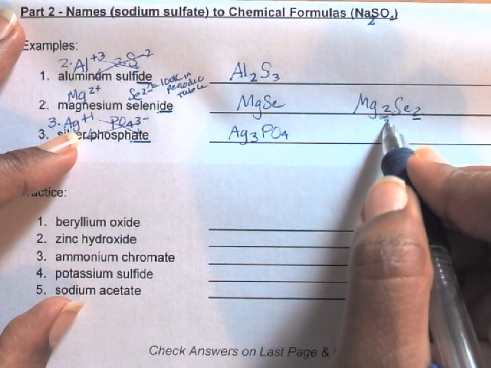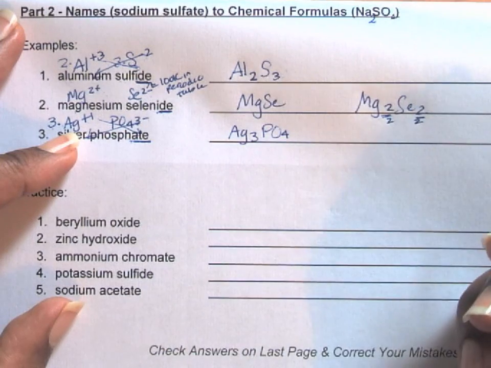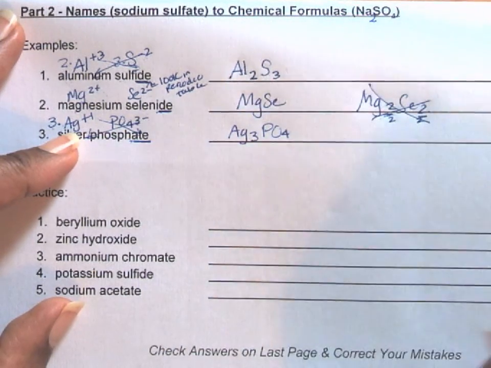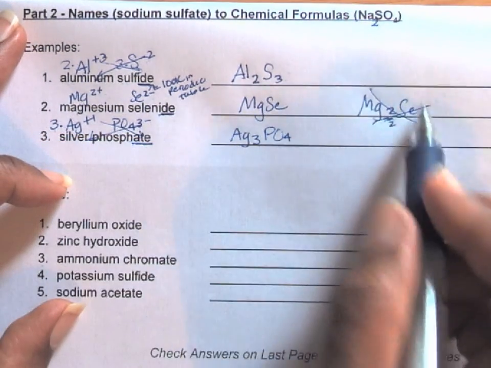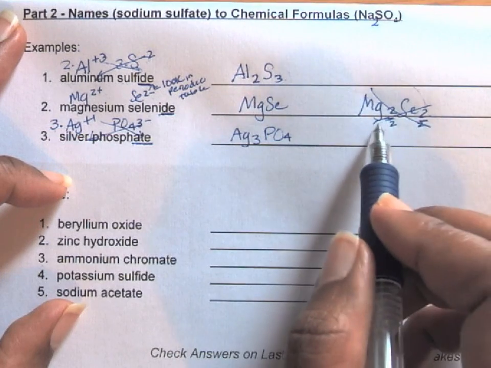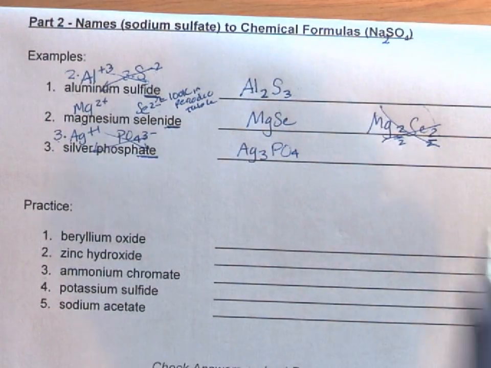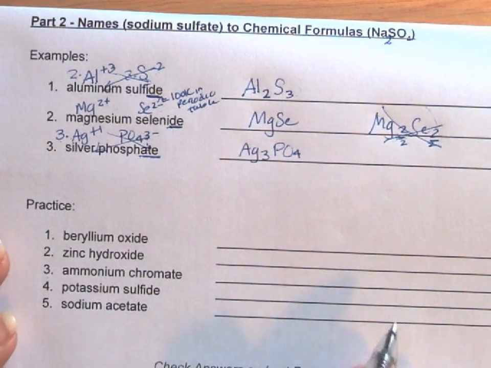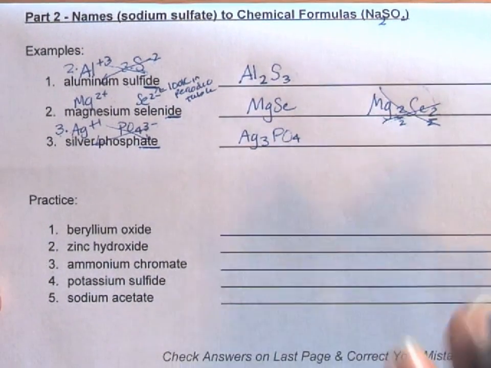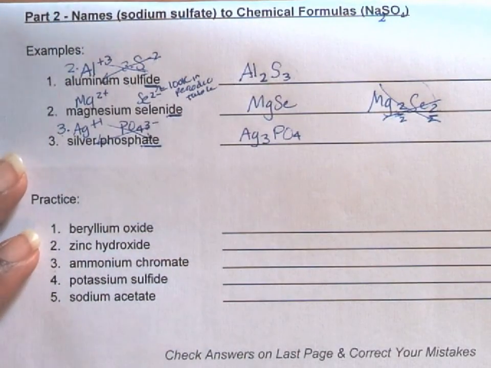You can simplify these by dividing both of them by the greatest common factor of 2. So that's why this would not work. So if you're using the crisscross method, you always have to double check to make sure that your formula is correct and is simplified.